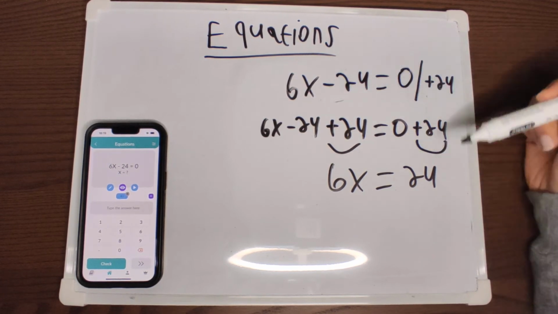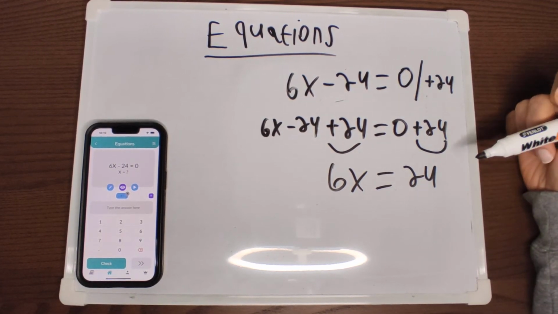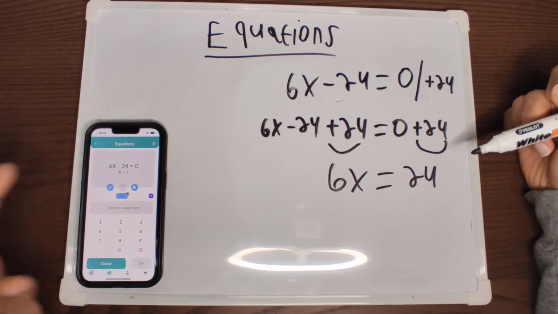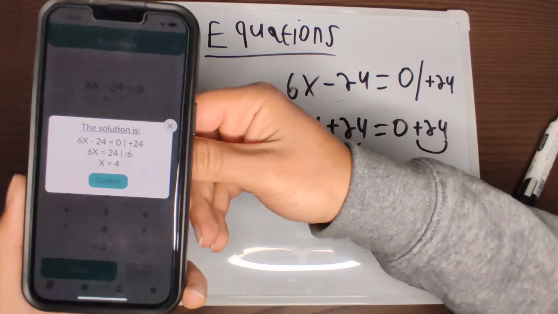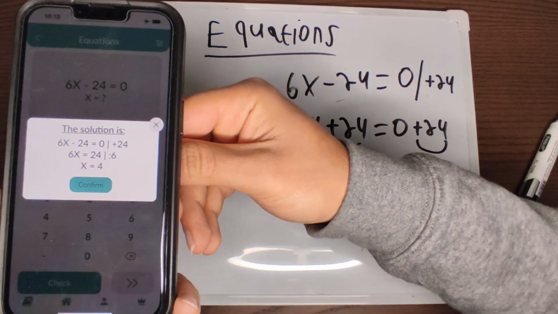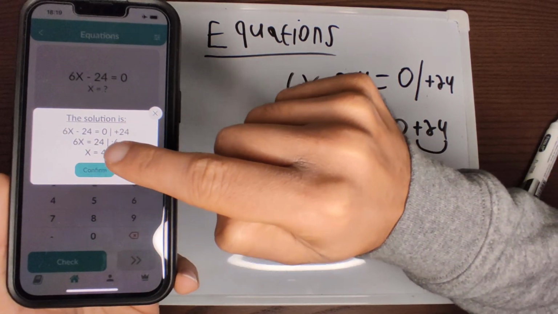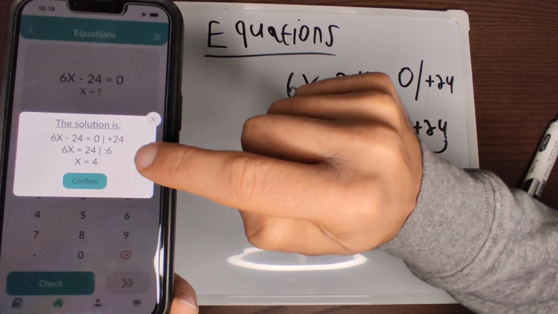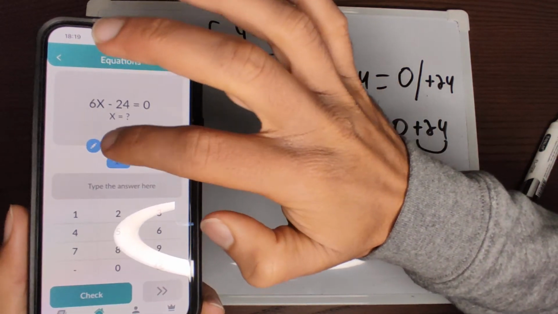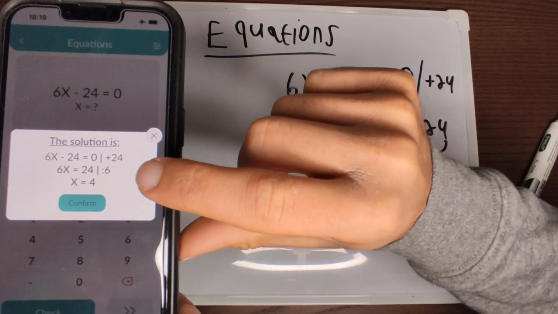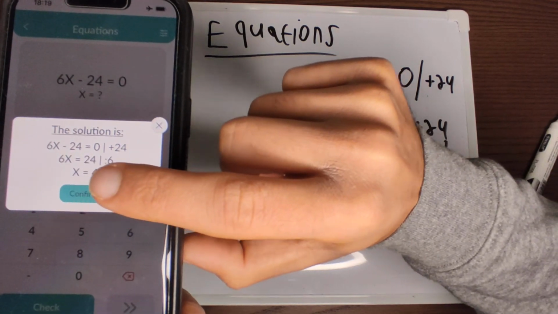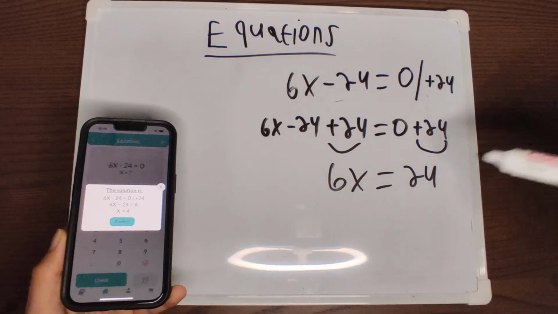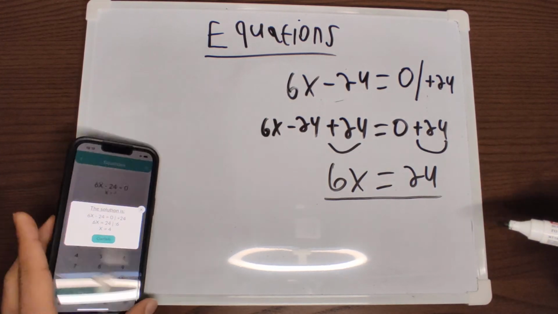Here it was minus, and here it is a plus. So let's take a look at the solution. We have 6x minus 24 equals 0, and then we are adding 24 to both sides. Then the equation becomes 6x equals 24. We are here in this step.